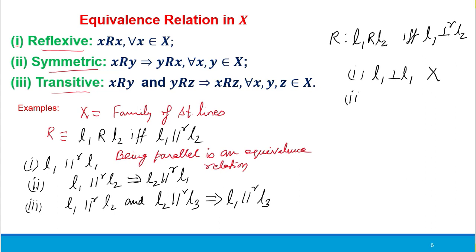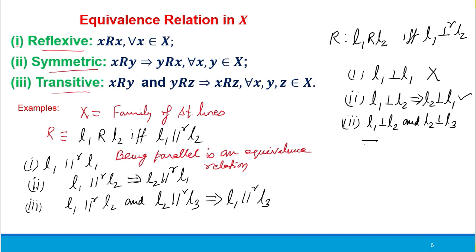The second is, L1 perpendicular to L2 implies L2 perpendicular to L1. Yes, it is true. Now third is, L1 perpendicular to L2 and L2 perpendicular to L3. This does not imply that L1 is perpendicular to L3. And therefore, the relation of perpendicularism is not an equivalence relation.